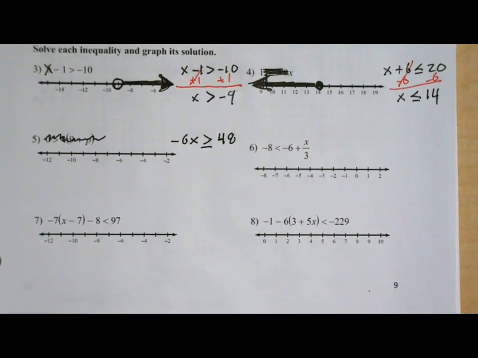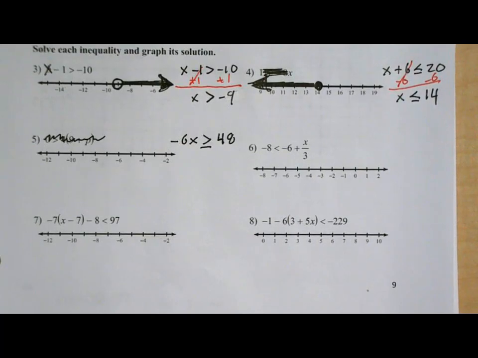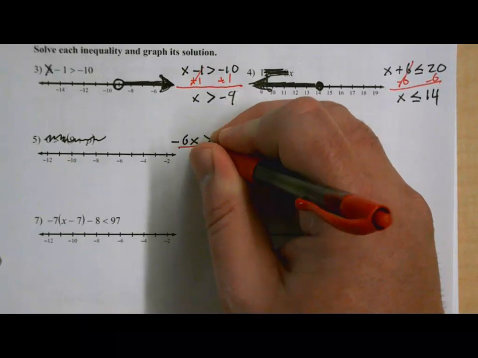Negative 6x is greater than or equal to 48. All right, we're trying to get x by itself. What would I do to get rid of that negative 6? It's multiplying by the x. We're going to divide by a negative 6.